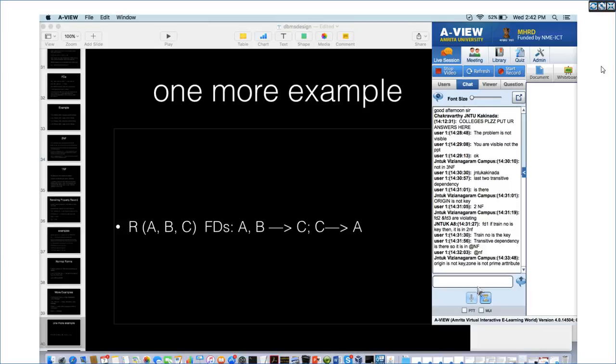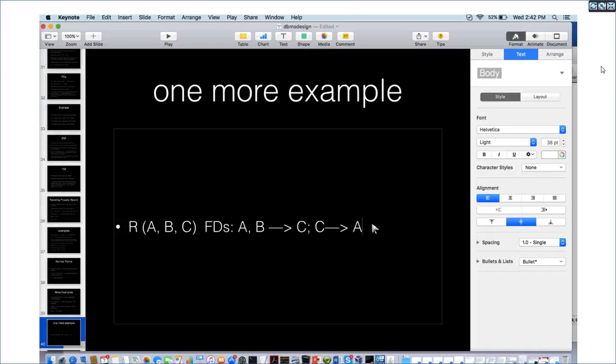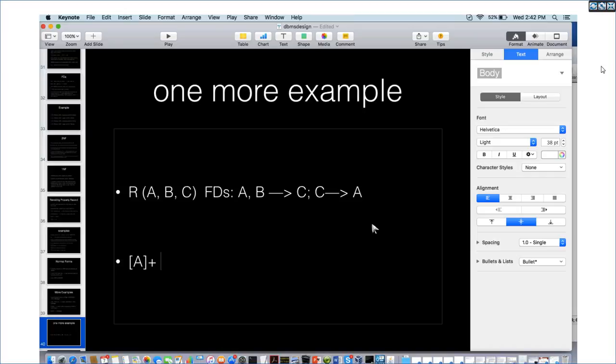You will do the attribute closure. How will you solve this? You will just take A to start with. If you take A and do the attribute closure of A, what is the attribute closure of A?